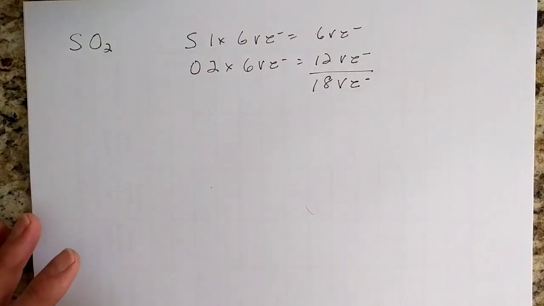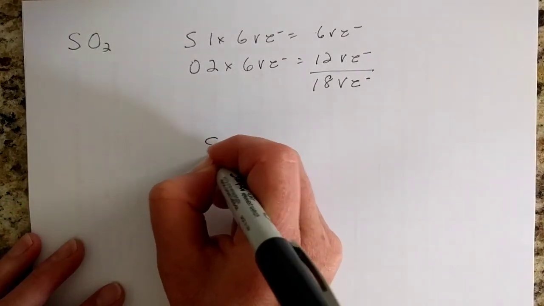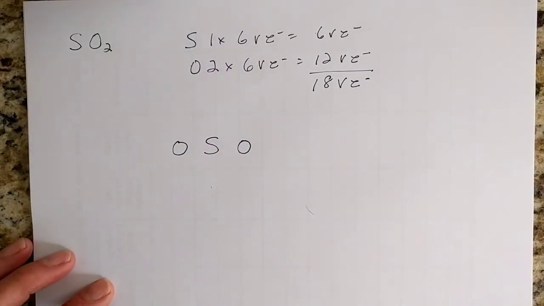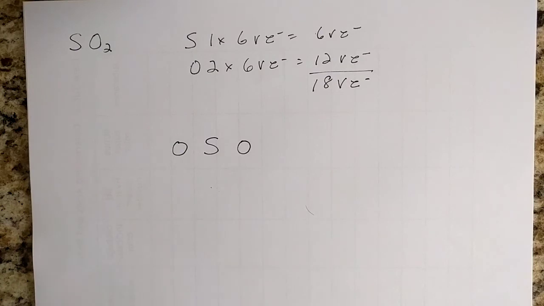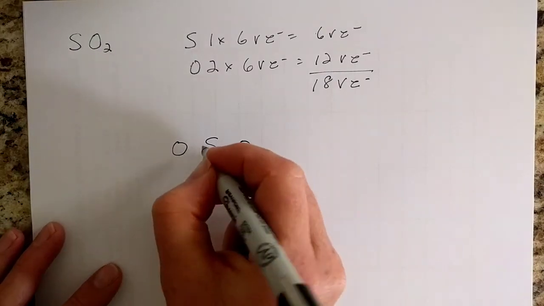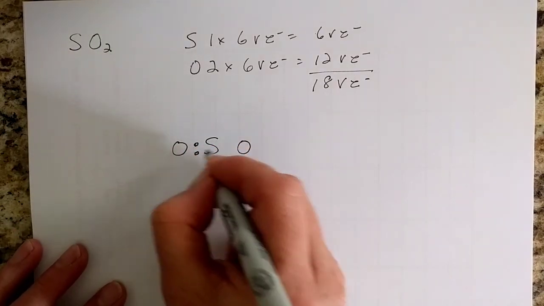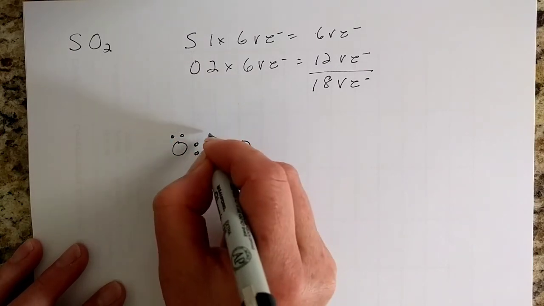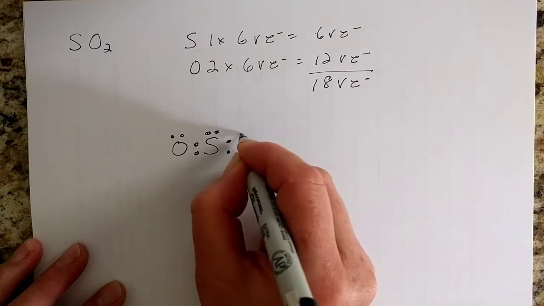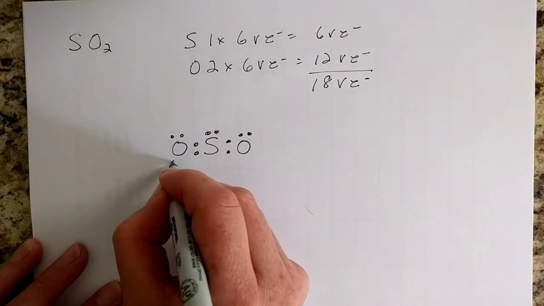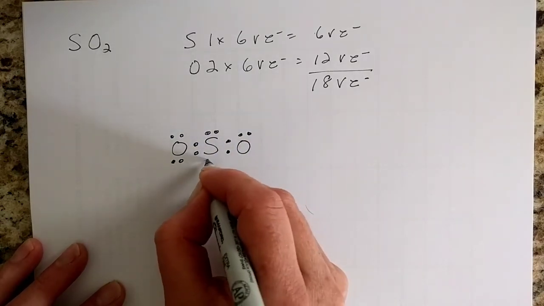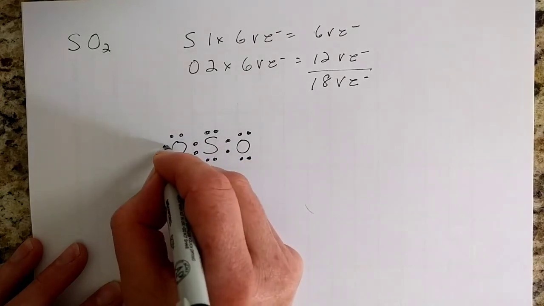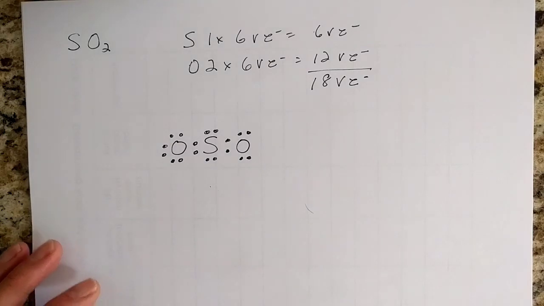All right, so we're going to put sulfur in the middle and each oxygen on the side. And then initially I'm just going to put them in kind of evenly. So let's see how we do that. 1, 2, 3, 4, 5, 6, 7, 8, 9, 10, 11, 12, 13, 14, 15, 16, 17, 18.